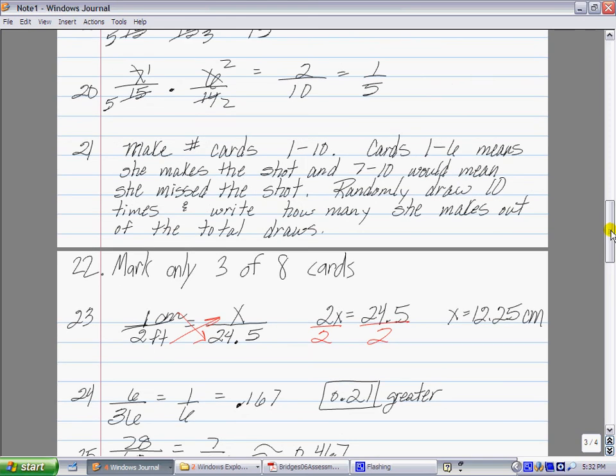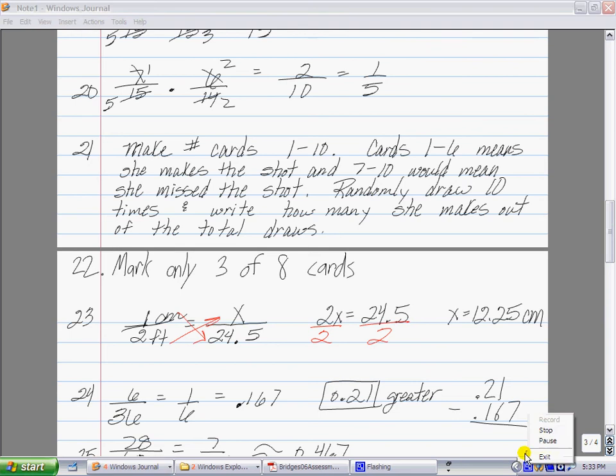So I have 0.21, take away 0.167. If I subtract those two, I will have to borrow. So I'm going to borrow all the way from this. This becomes a 1. This becomes a 10.